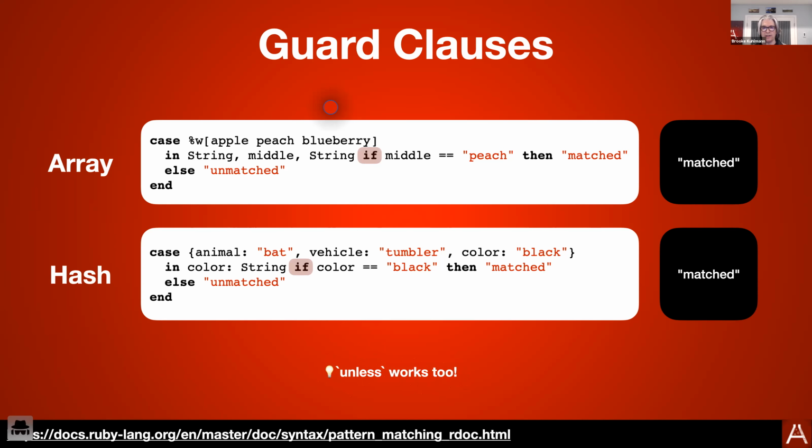And this, by the way, works with unlesses, but I'm just going to show you the if guard clause. We're matching middle to equal peach, and so that's a match. And the same thing down here in the hash where the color is black. As long as that equals the value that we're looking for, then we get a match in that case too. I'll show you this a little bit later. I actually use this in some of my code to a nice effect that I like.